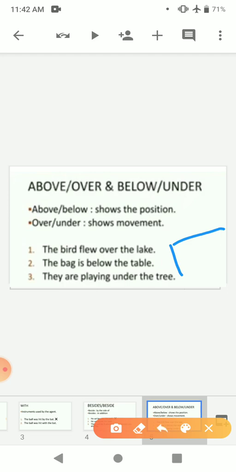But if a thing is in actual contact, is touching the thing, it's on that thing, we use on. For example, I will say the mug is on the table. They are totally in contact. For such cases, we use on. But if there is no contact between the two, we use above or over.